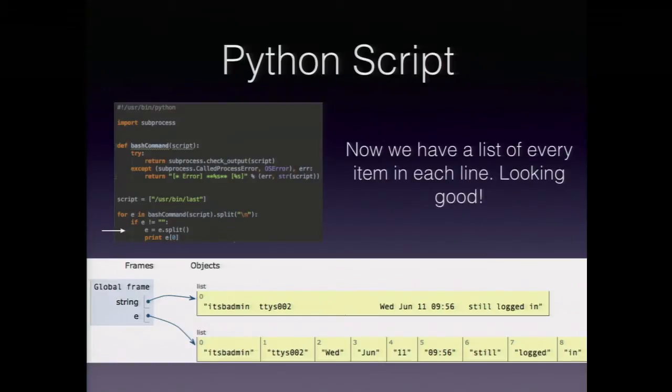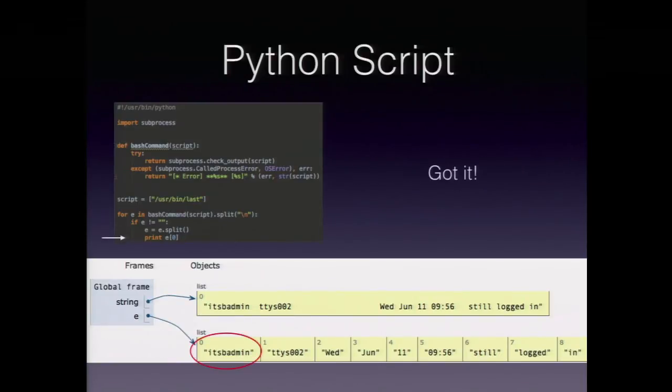And now that we have that, we can call element 0, which basically will get us this. So when we do that, we now have one user. We have to do that as many times, looping through every line of the last output, and we'll be able to get all the users.